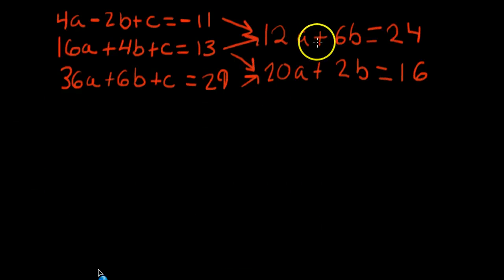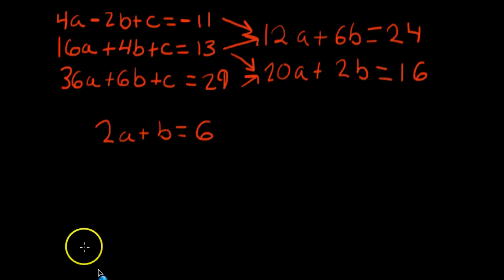So what we're going to want to do is, we have some like terms here, so we might be able to just eliminate b easily. There is a common factor of 6 in the first equation, so we can factor out the 6 and rewrite that as 2a plus b equals 4.